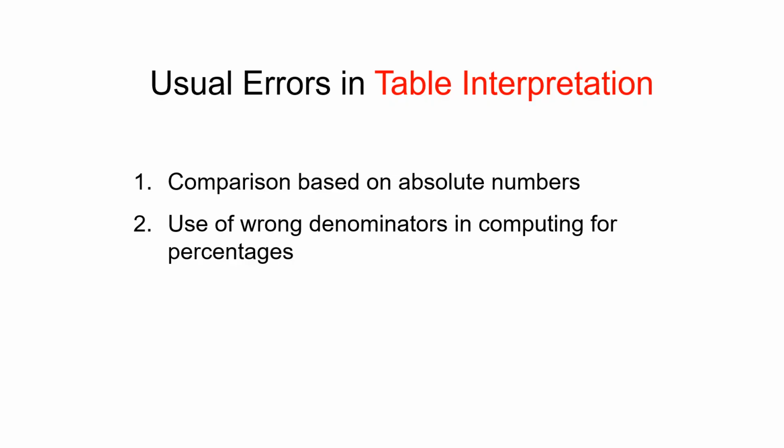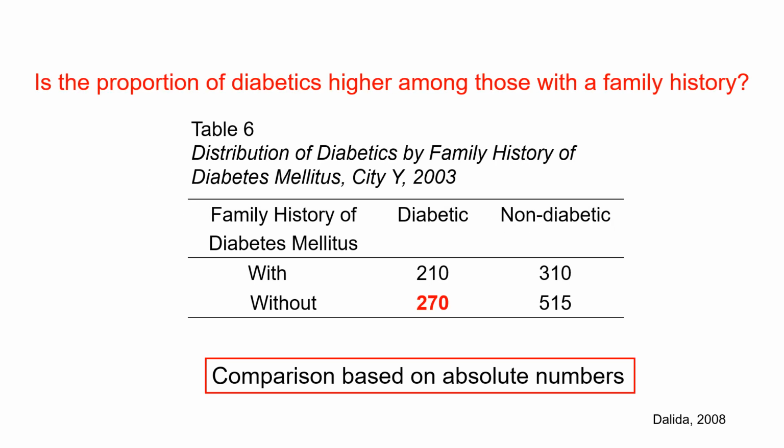With regards to interpretation of results in tables, there are two common errors. One is comparison based on absolute numbers, and two, the use of wrong denominators in computing for percentages. Let us take a look at this example.